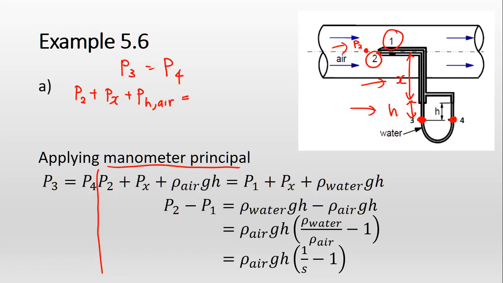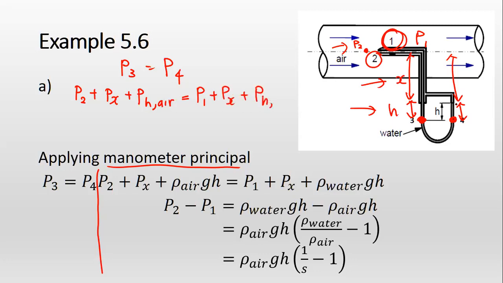How about P4? What is above P4? Same thing. We have PH, we have PX, and on the outside here is P1. So everything above P4 is P1 plus PX plus PH.